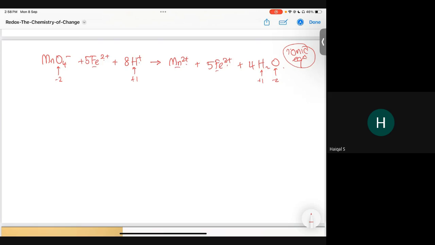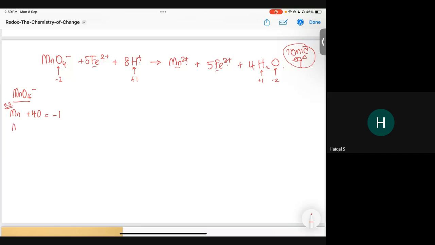Now, we're going to do the summation rule. The summation rule is you add the oxidation states of all the elements, and they must give the overall charge. So let's look at MnO4 minus, for example. It means I have 1 Mn plus 4 O, and it must give me -1. This is the oxidation state.